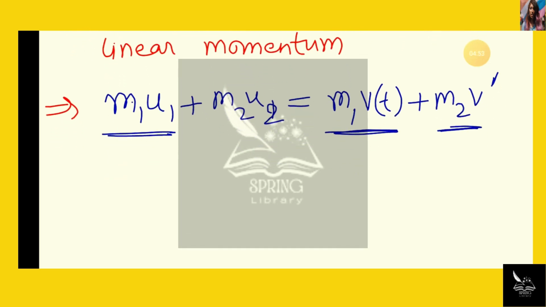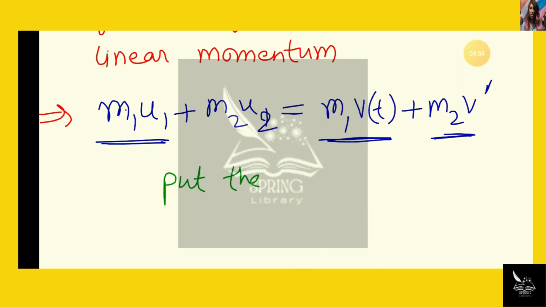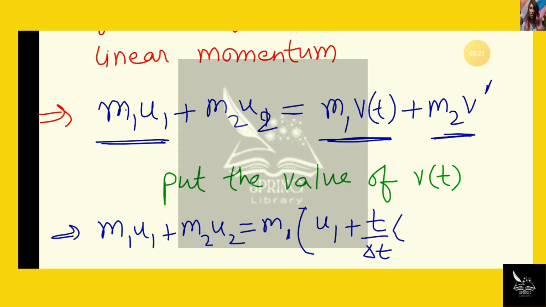Now the next step is to put in the value of v(t) given in the question. So m1 u1 plus m2 u2 is equal to m1 times (u1 plus t over Δt times (v1 minus u1)) plus m2 v dash.